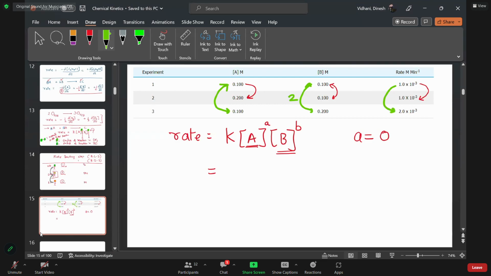Do you see the change in the reaction rate? Yes. So that's going to be 1, because if you increase by 2 times, you get the rate increasing by 2 times. If you increase it by 3 times, you see an increase of 3 times. So b has to be 1.